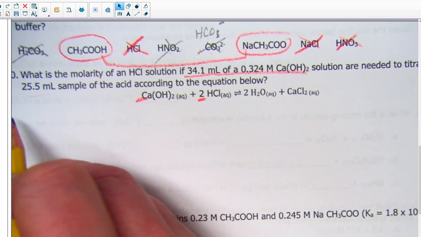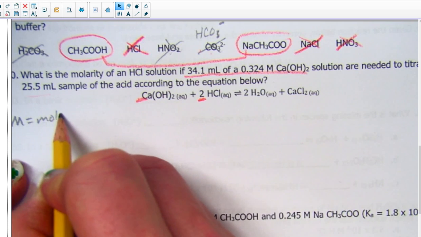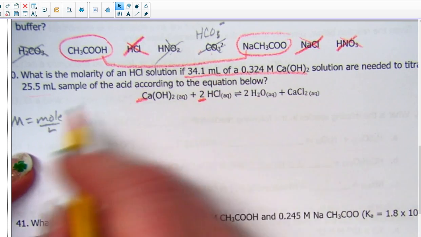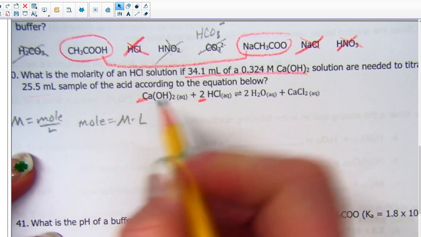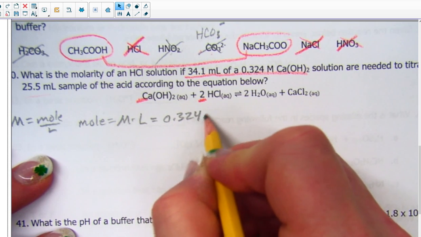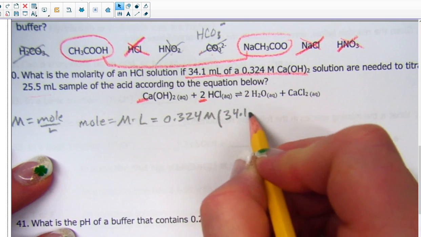So we know molarity is equal to moles divided by liters, right? So we've got molarity, we've got milliliters. So in order to find moles, we're just going to take molarity times liters. So plugging in molarity, 0.324 molar times 34.1 milliliters.